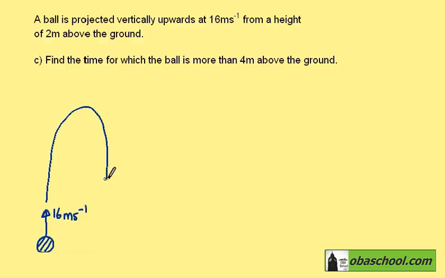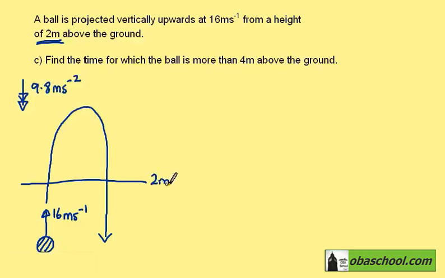It will go up and come back down. Throughout the motion, the acceleration due to gravity is 9.8 meters per second squared. It's projected from a height of 2 meters above the ground, so to be 4 meters above the ground, we need to consider when it's 2 meters above the height of projection.